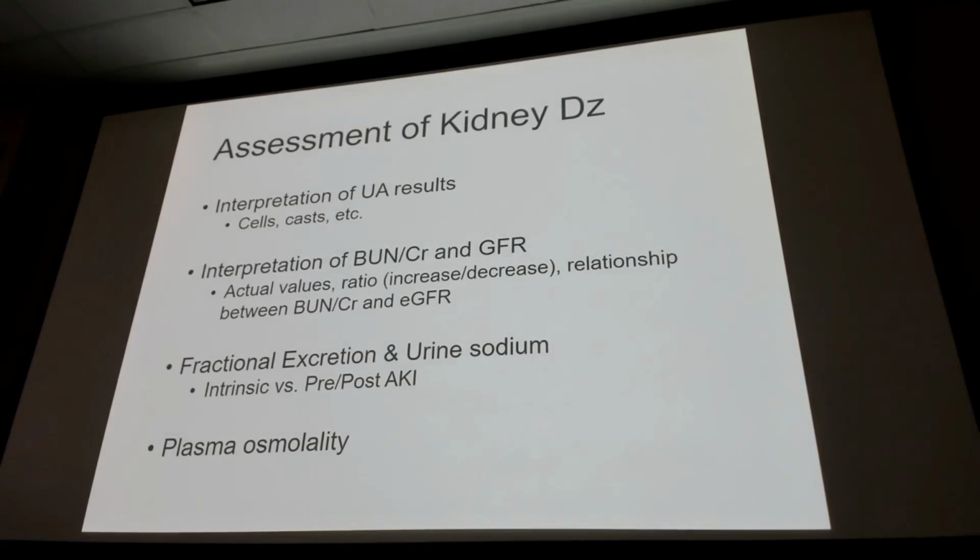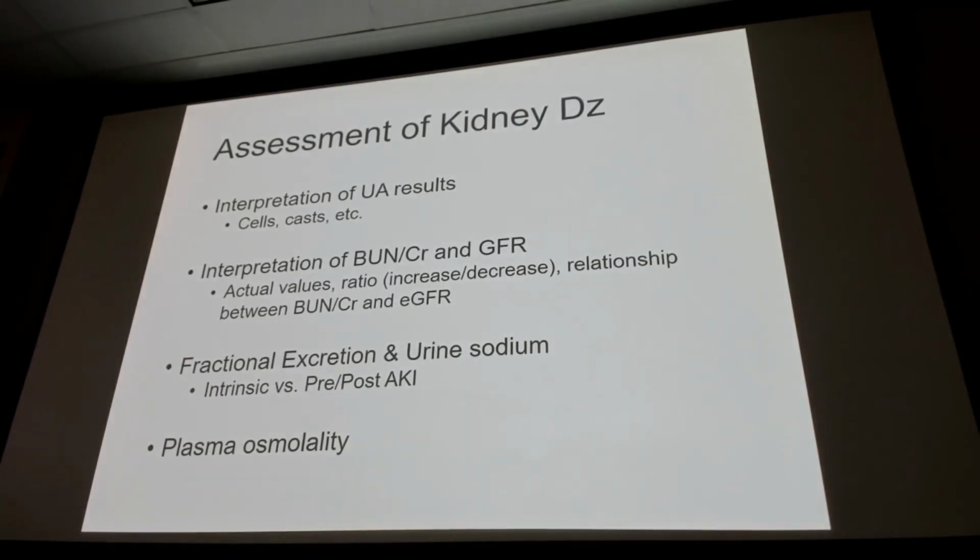So, things that you need to be aware of for the exam. Be able to interpret your analysis results, particularly as it pertains to the various nephritic and nephrotic syndromes. Know what cells you're likely to see on your analysis, know what types of casts you're likely to see in various conditions.